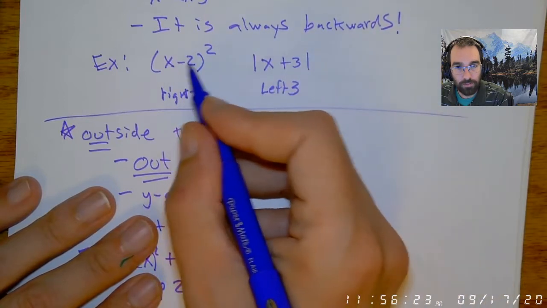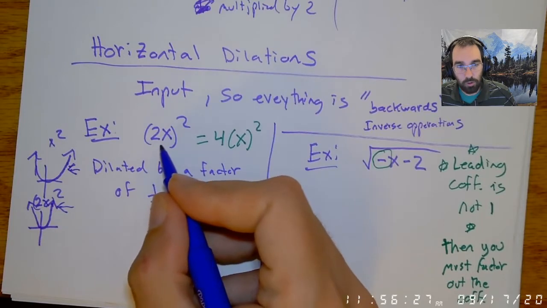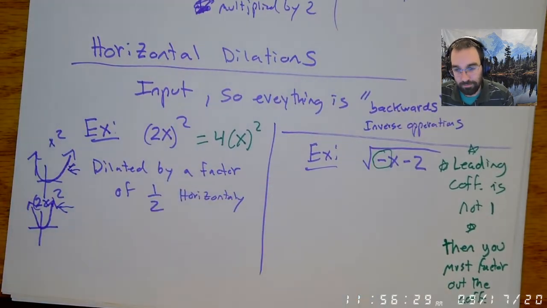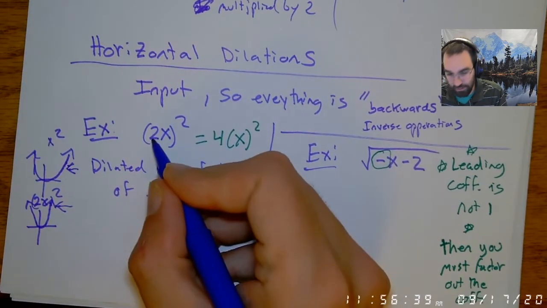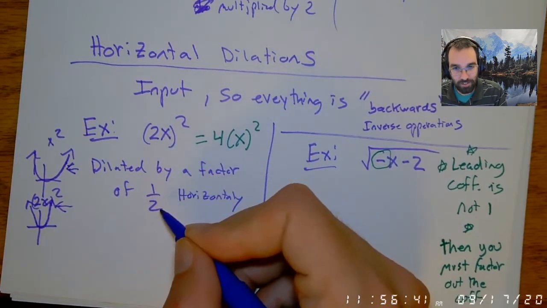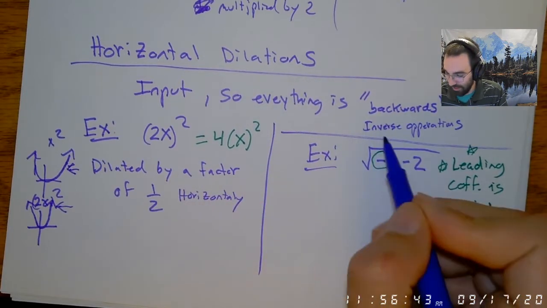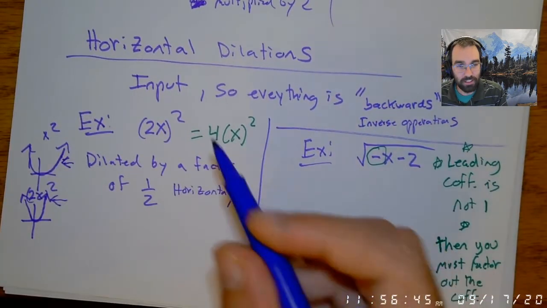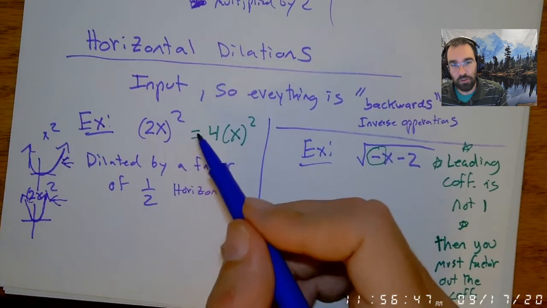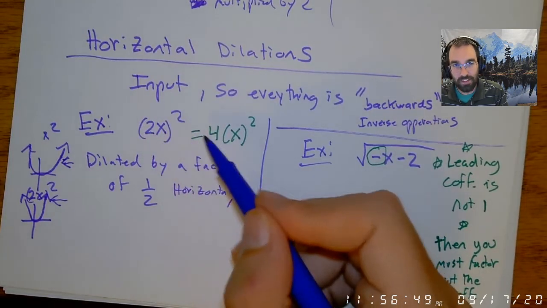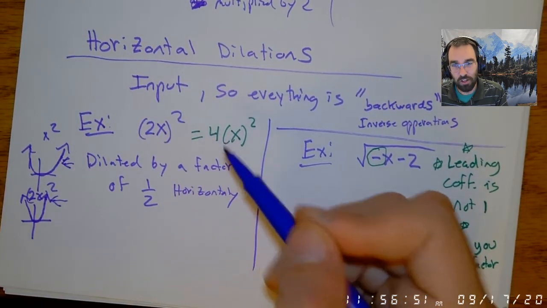The opposite of -2 is +2, and the opposite of multiplication is division, right? So you're doing backwards. That's where the 1/2 comes from, because this is 2 times and this is divide by 2. They're opposites, they're inverse operations. Now, if you don't like that, you can always pull it out, and then you just have a vertical dilation of 4.